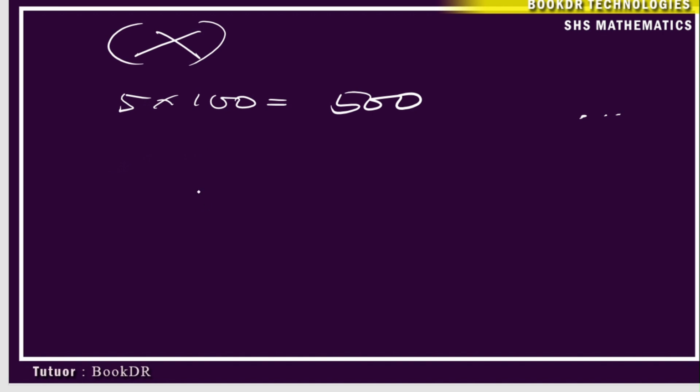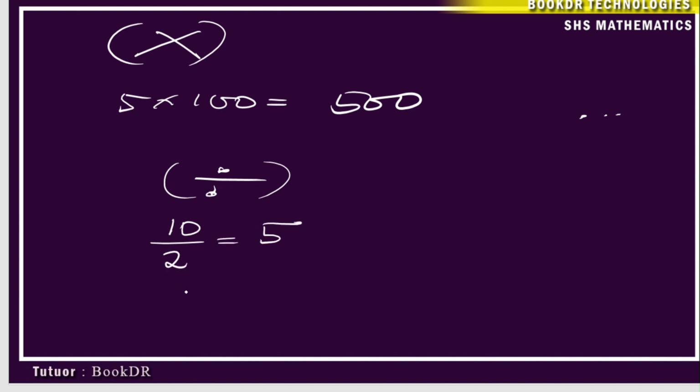We shall now look at the operation division. What will be your guess? Is division closed under whole numbers? If your answer is no, then you're right. It is not always that when you divide a whole number by another whole number, the result will be a whole number. For instance, if I divide 10 by 2, the answer is 5, which is whole.